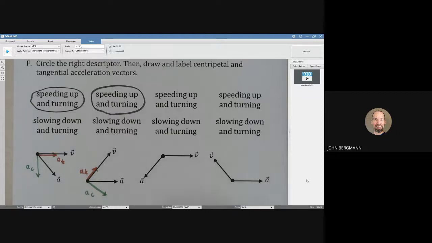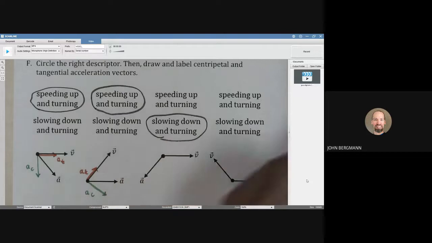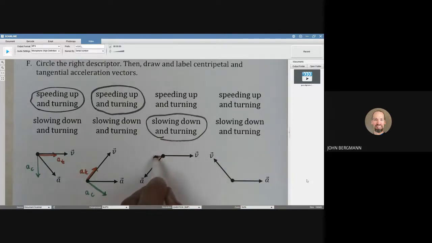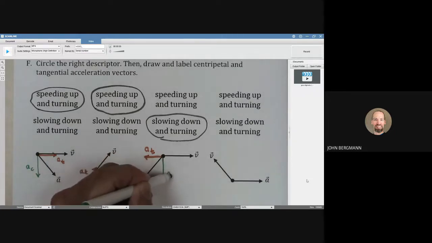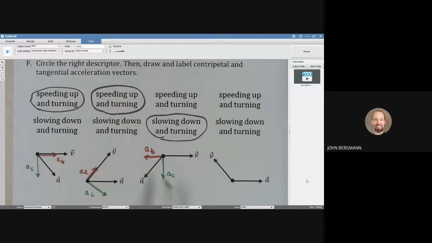Now, what about the third case? Here you can see the acceleration is kind of going in opposition to the velocity. So here we're going to have slowing down and turning. Here, the tangential acceleration vector is going to look something like that. And the centripetal acceleration vector is going to point like that, slowing down and turning.